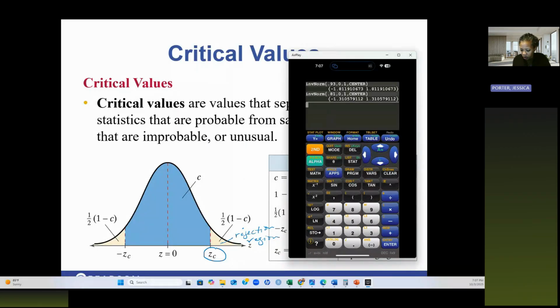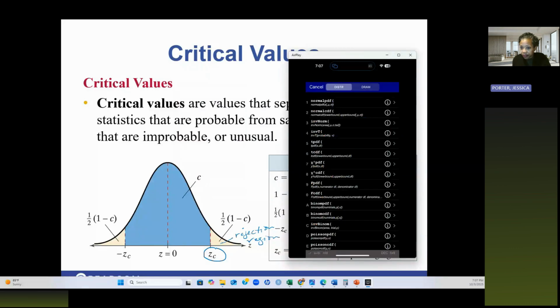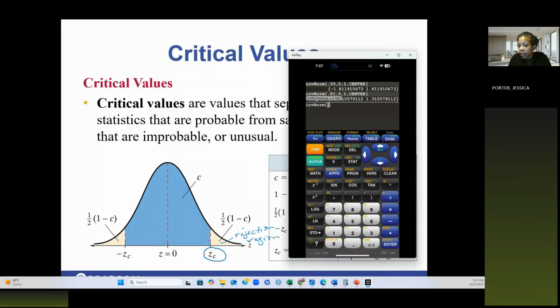So here you would do second vars, inverse norm, and then you're entering in the mean, 0, the standard deviation of 1, because this is normalized, and then comma, we want to go center.